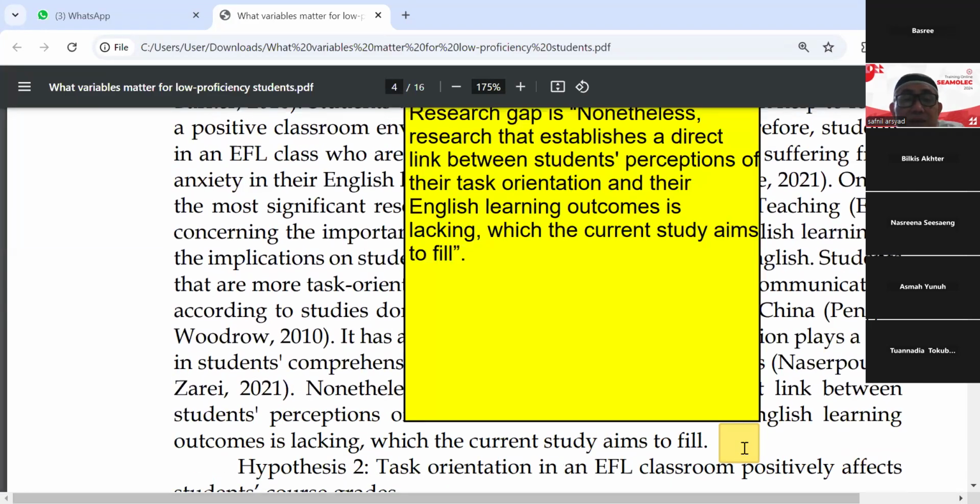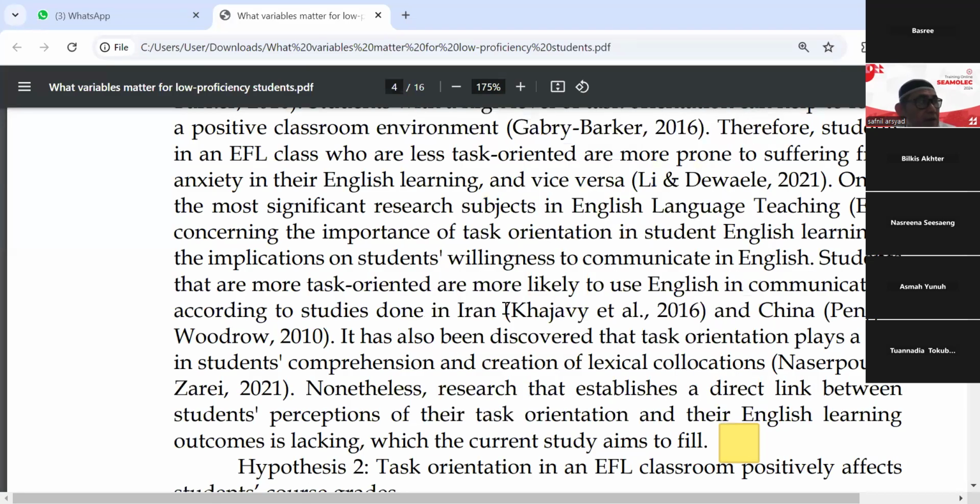The research gap is: nonetheless, research that establishes a direct link between student perception of the task orientation and the English learning outcome is lacking. So this is level two, research gap level 2. Level 1 is non-existent, when we claim that there is no study on the topic so far. Level 2, insufficient studies.